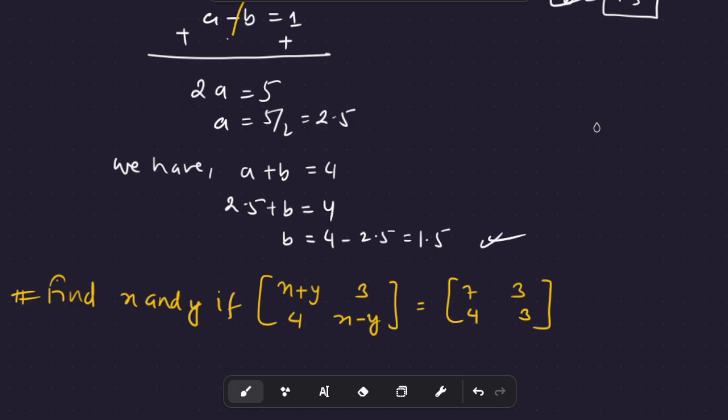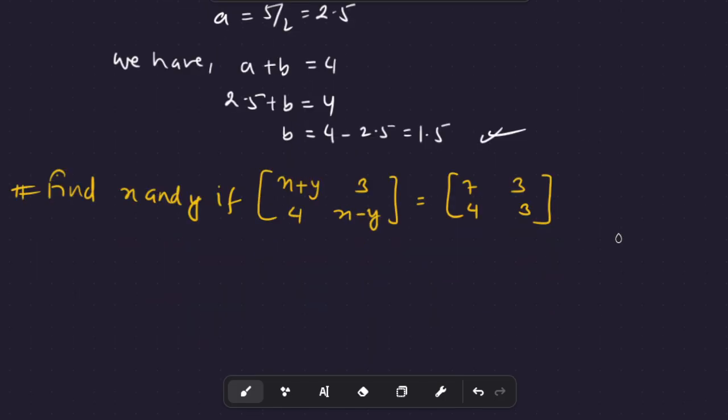Get the answer. X equals, y equals. Okay, get the answer. How much will you get?